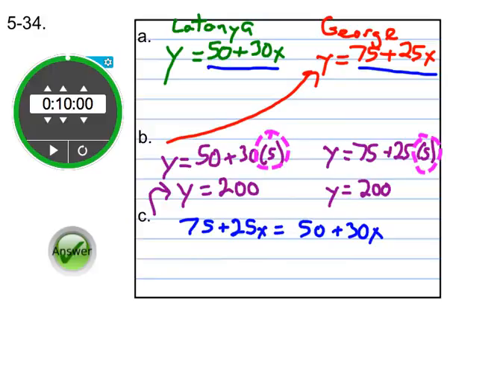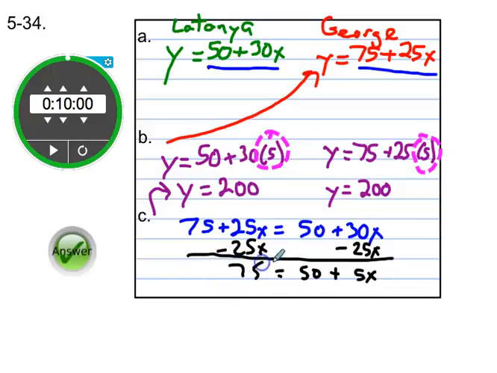Now, if we work through this problem, what do we get? Let me subtract 25x from this. What do I get then? If I draw that line there, what's 30x minus 25x? You're saying 5x plus 50 equals, and I have 75 left.